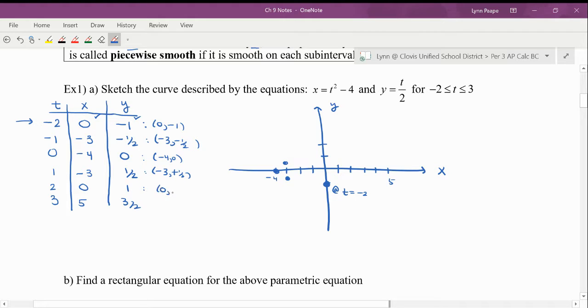And then the ordered pair 0, 1. And my last ordered pair 5, 3/2, so over 5, somewhere right around here. And then the -2 and 3 would be closed dots. And then I'm going to connect those dots, so it looks like I have kind of a sideways parabola there. And so this is my ending point, that was ending at t is equal to 3.